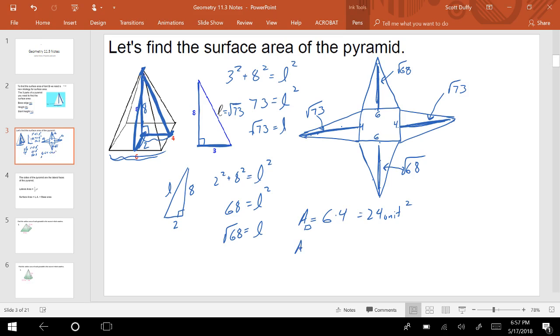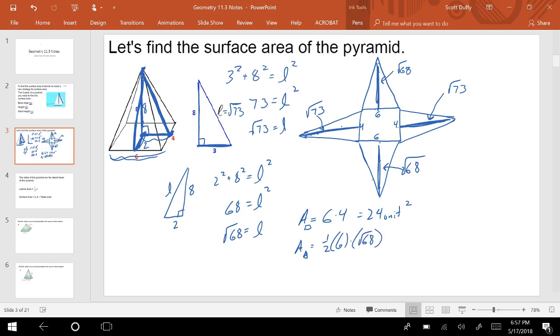The area of the front and back triangles are both 1/2 times their base, which is 6, times their height, which is the square root of 68.